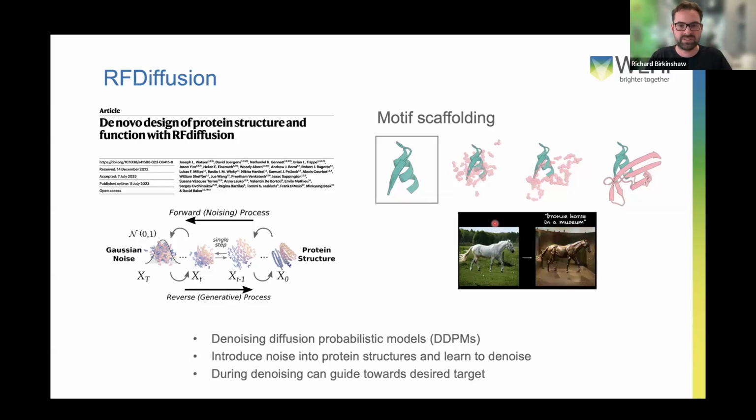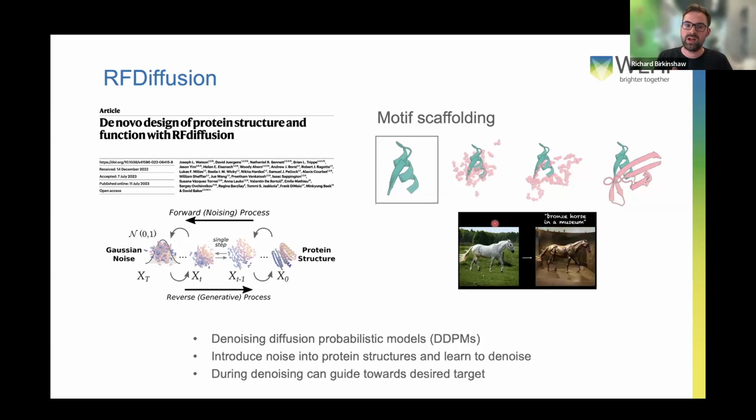Now, I know previous people have talked about this a lot in the previous webinars here, but I'll just briefly go over what you can do with RFdiffusion. It's using these denoising diffusion probabilistic models. Essentially, what you can do is use these to stepwise introduce noise into a protein structure.